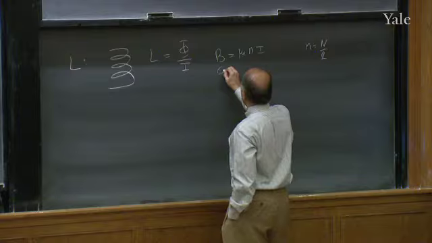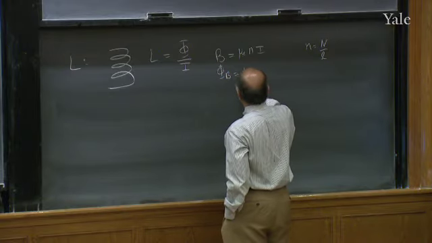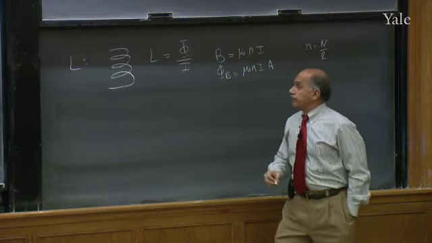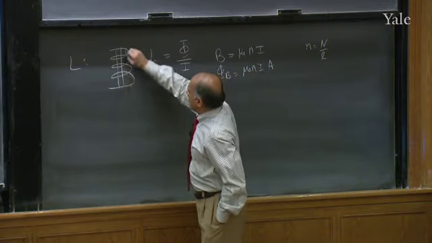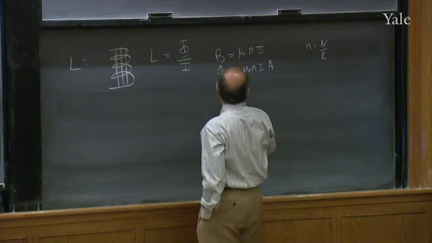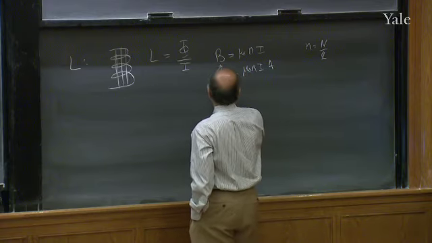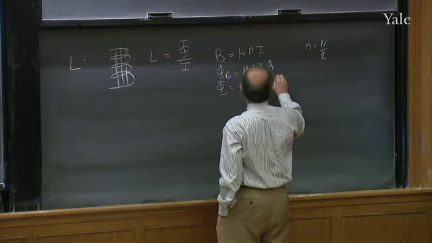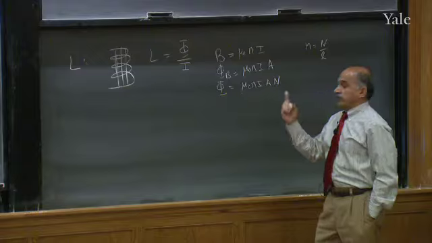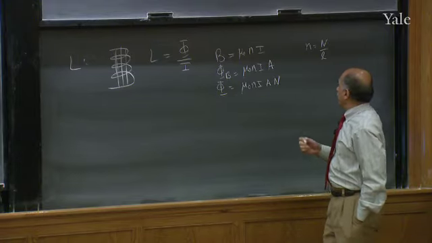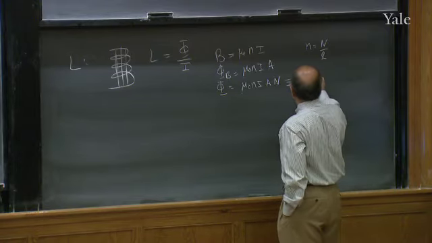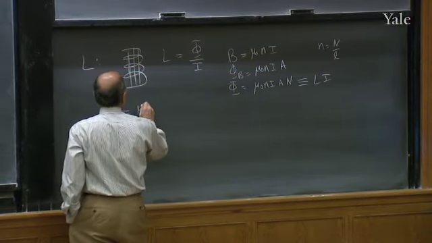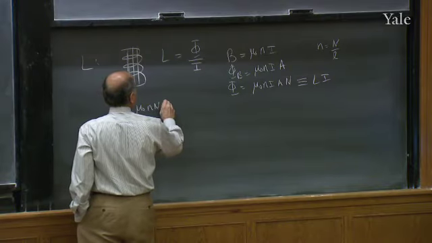The flux of the magnetic field is mu 0 n I times the area of cross section. That's the total magnetic flux. But the flux linkage is mu 0 little n I a times big N, because every loop of the coil links with its own flux. But that is by definition Li. You can see then L is equal to mu 0 little n big N a.